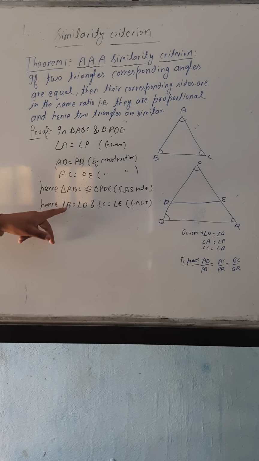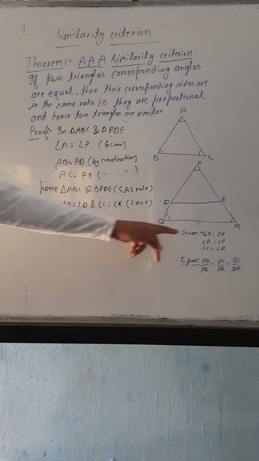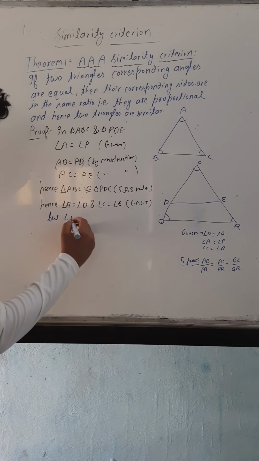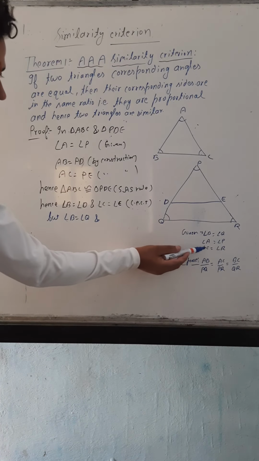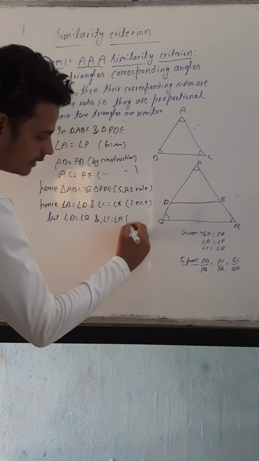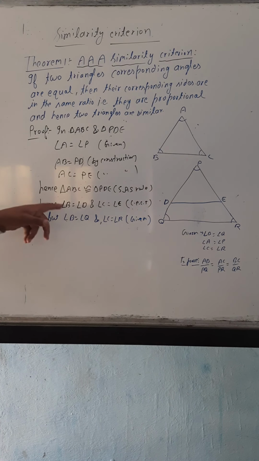But we have been given that angle B is equal to angle Q and angle C is equal to angle R. So if angle B is equal to angle D and angle B is equal to angle Q also, then what you will say?